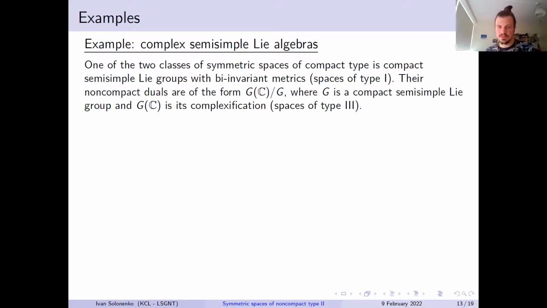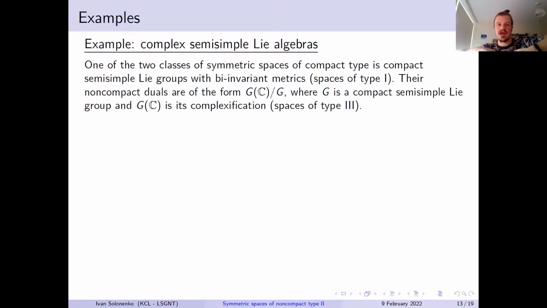Their duals, their non-compact duals, are of the form GC over G, where G is a compact semisimple Lie group. GC is its so-called complexification, and then you take the quotient. These are called spaces of type 3.